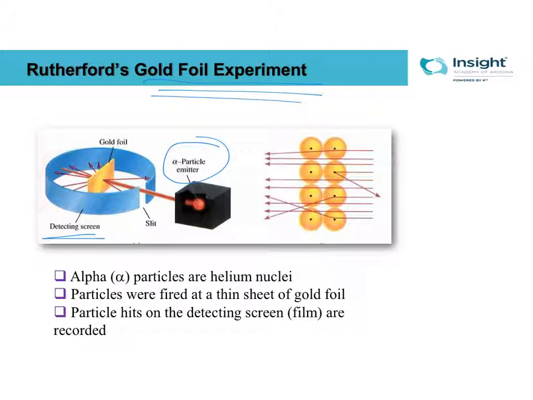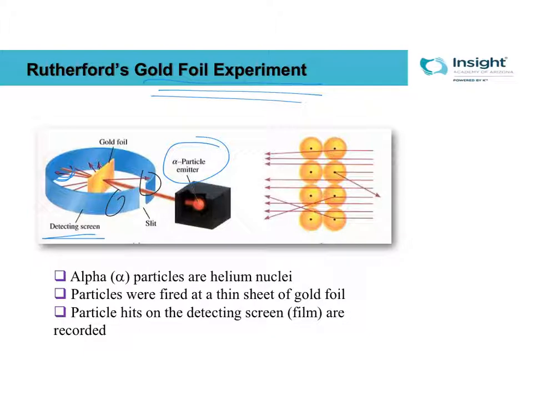If you remove the gold foil, all the alpha particles are going to hit back here. You put the gold foil in there, almost all of the alpha particles still hit in the back there. But there's a few that are deflected some, and even fewer, only a couple, that are deflected greatly. But still most of them just go right through.